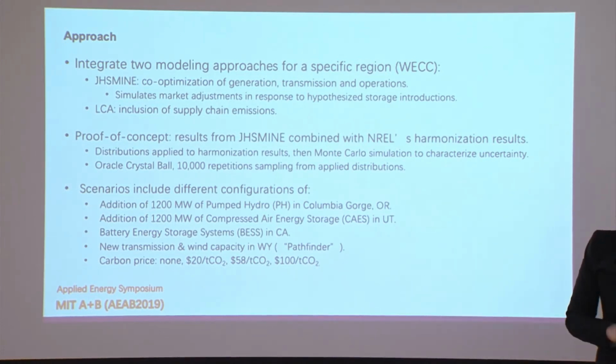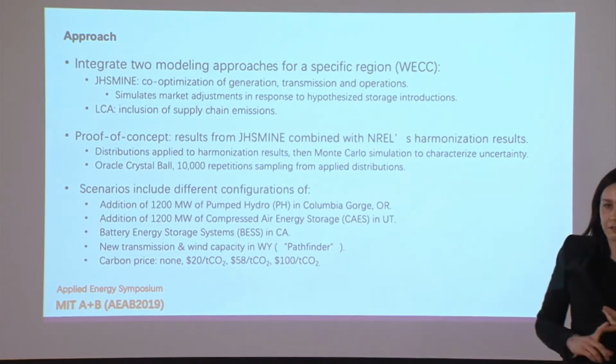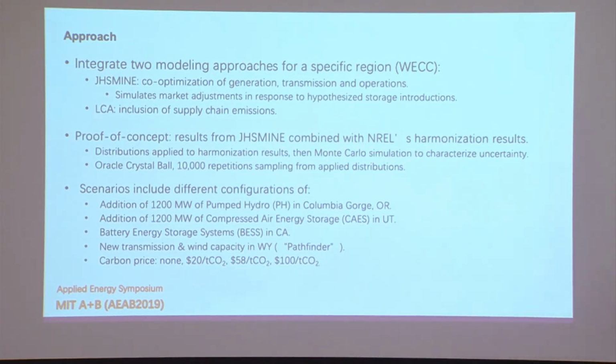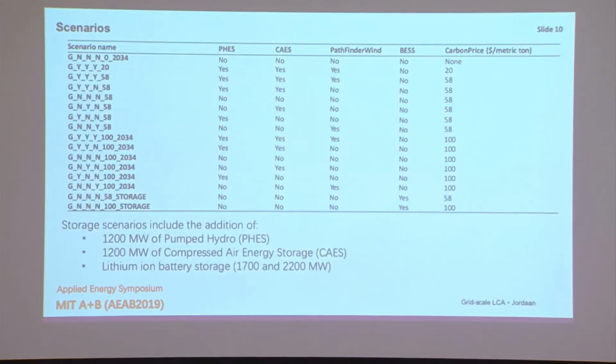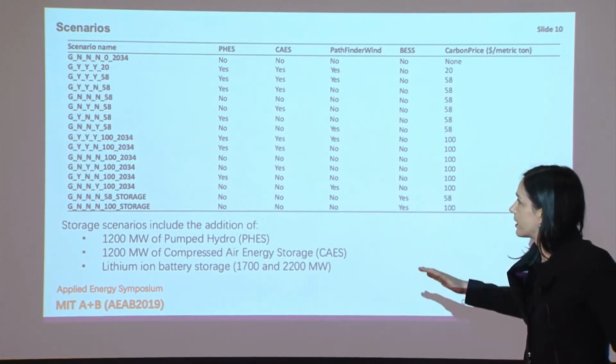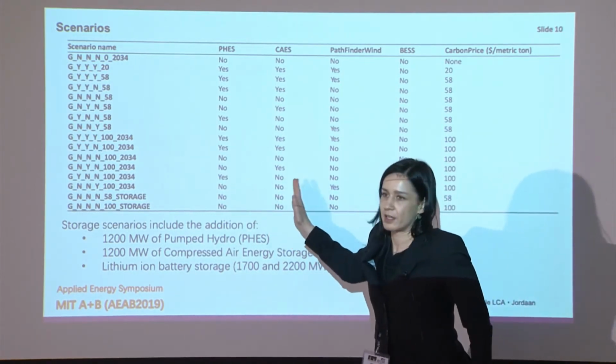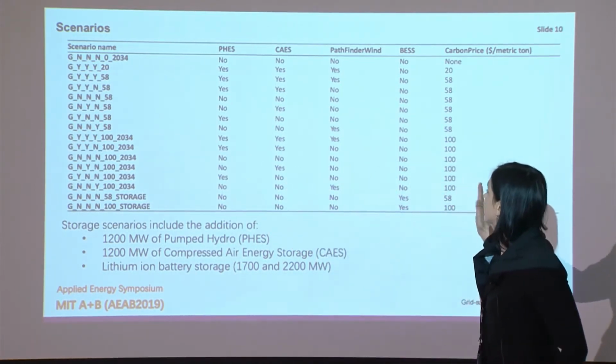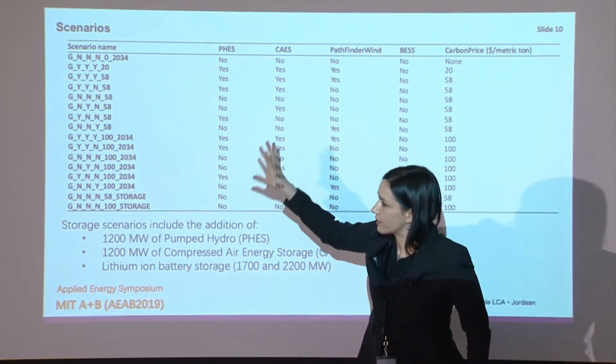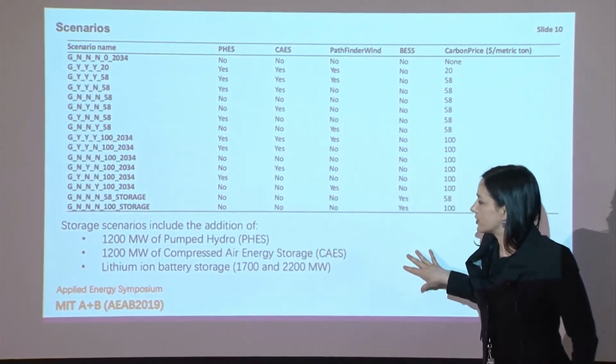So that would be none, $20 per ton of carbon, $58 per ton of carbon dioxide, and then $100. So to give you an idea of all the different scenarios that were looked at, this is a number of them, and this is what in essence we turned on and off for each of the different scenarios.